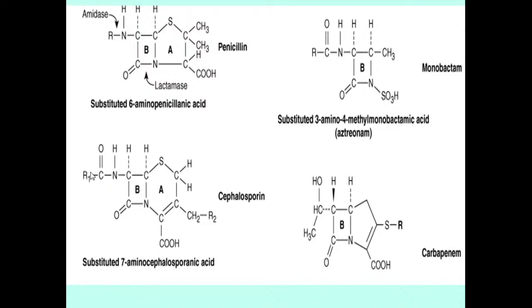That is why we have a lot of agents belonging to cephalosporins. Monobactams have only the beta-lactam ring, and in this position we add radicals. And in carbapenems, to the sulfur atom we add different radicals.